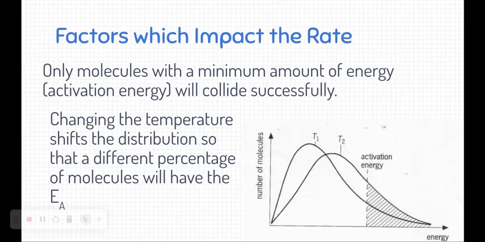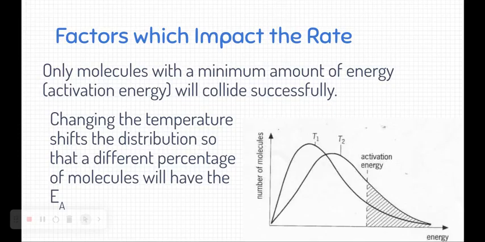Only molecules which have at least that activation energy will undergo successful collisions. So all of those molecules which have energies to the left of the activation energy on this distribution will never undergo successful collisions. When we change the temperature, that shifts the distribution so that there's going to be a different percentage of molecules which have the activation energy.